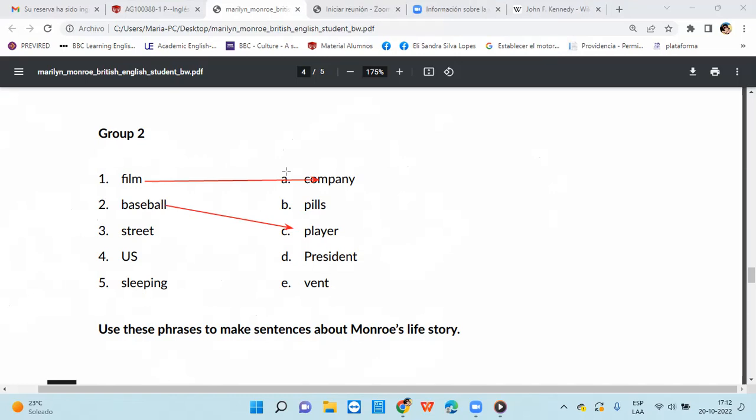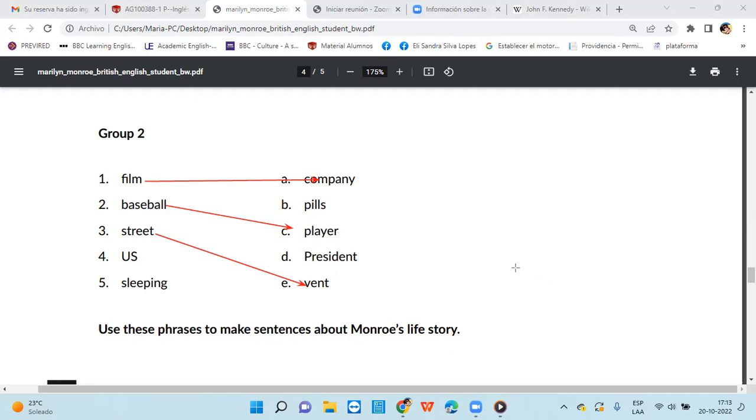Street vent. Street vent, what is that? Es la ventilación que sale por las rejillas que están en la vereda, en la calle. Ah, okay. Have you seen the famous picture where Marilyn Monroe is standing on a street vent? And her skirt or her dress gets up. And it was a scandal at that time.